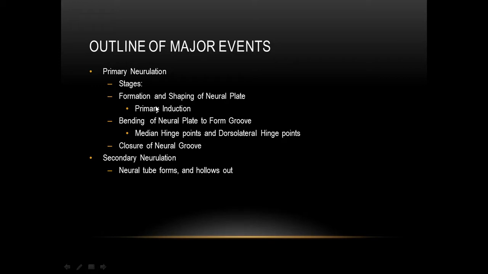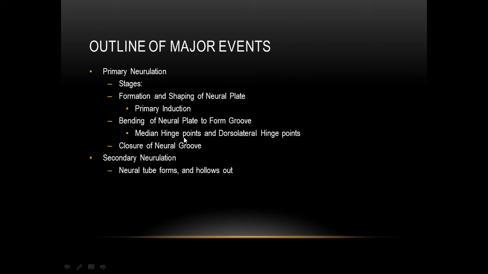After primary induction, we expect the neural plate to undergo bending. And in this bending, identified parts of the thickened neural plate will undergo hinge formations. Two hinge points can be identified, known as DLHP, dorsolateral hinge points, and MHP, median hinge point.